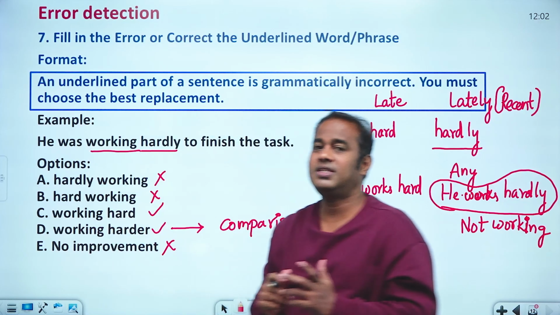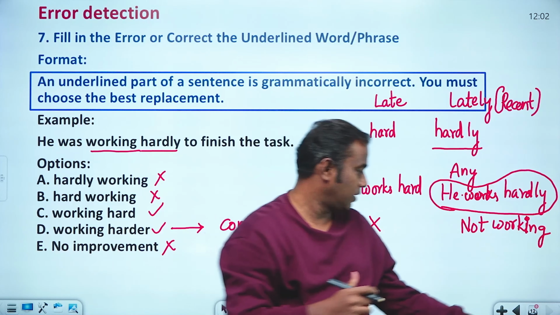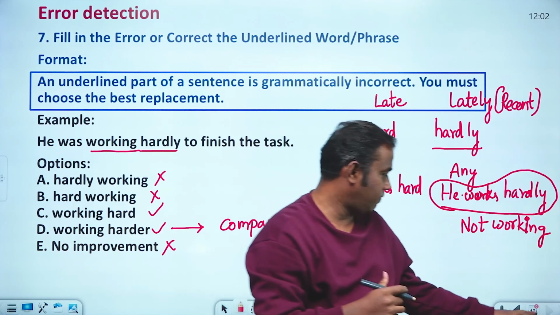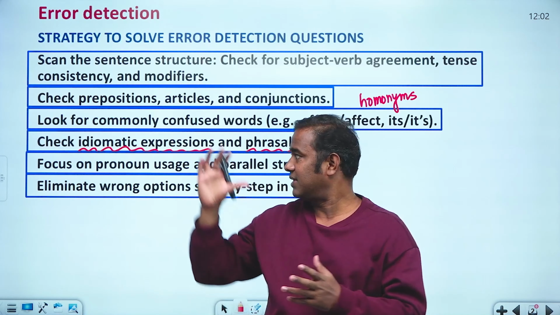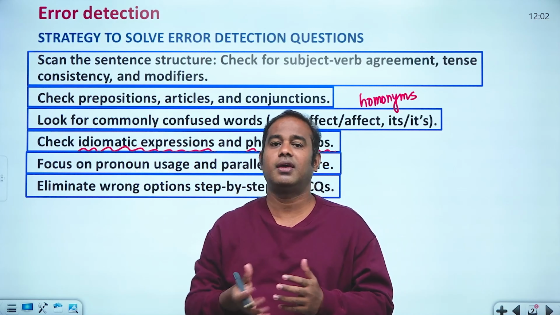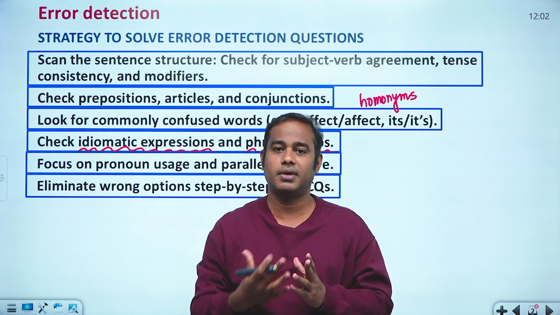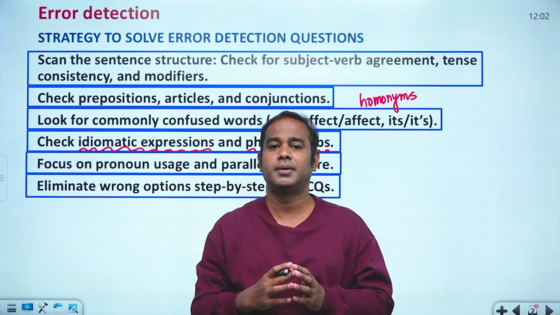Okay, so this error detection, basically if you look at these models, the explanation that I have given is compulsory from an English grammar point of view.